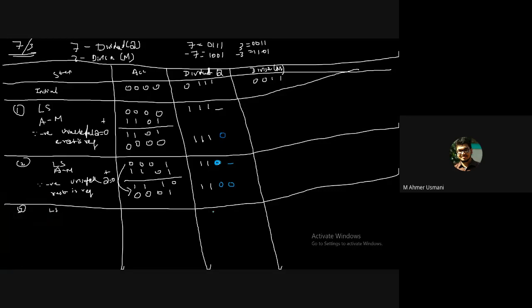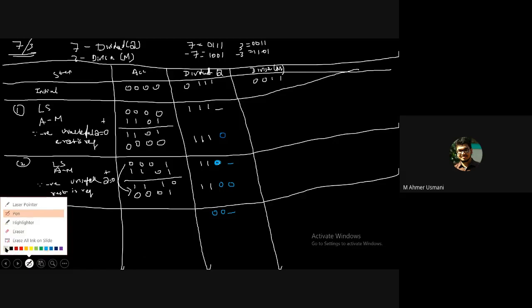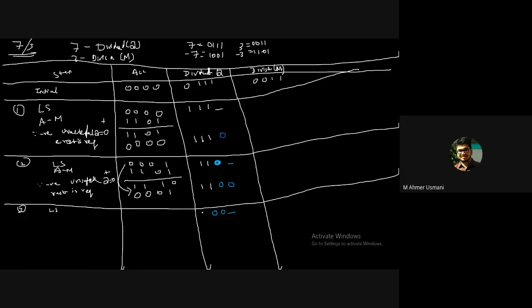We'll get these 2 zeros over here and a vacant place. After that, this 1 will come over here, this 1 will come over here, you'll get 1 and you'll get 0 0. Then we add minus m to this number, which is 1 1 0 1.